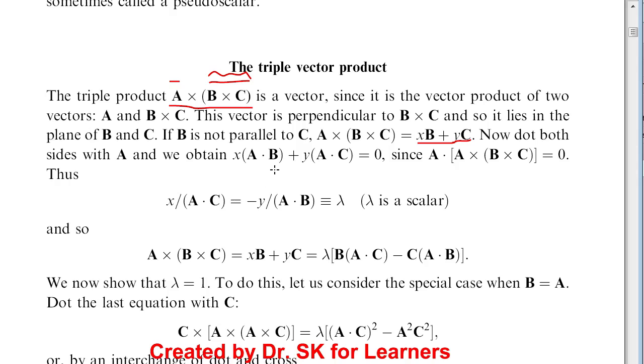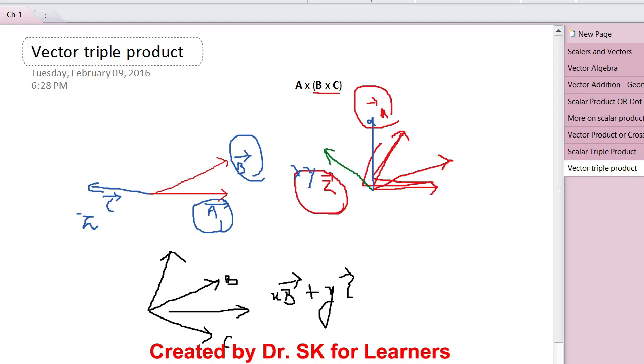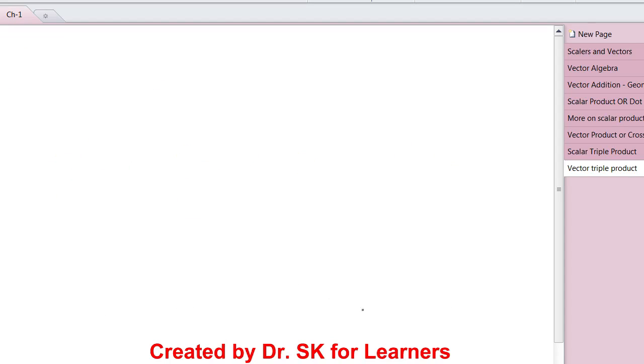Before discussing this part, let's see some of the things to make it easier. Let's write it here, A cross B. Let us say I have two vectors that are multiplied.